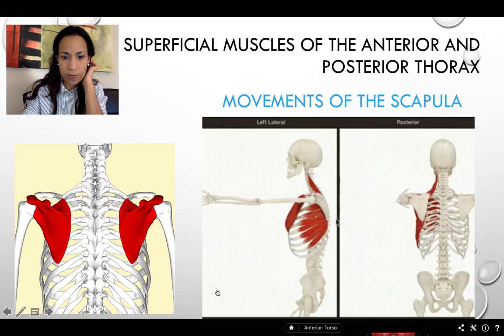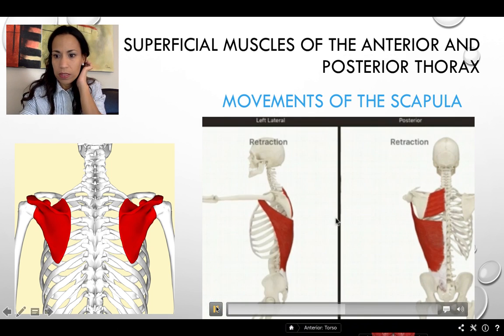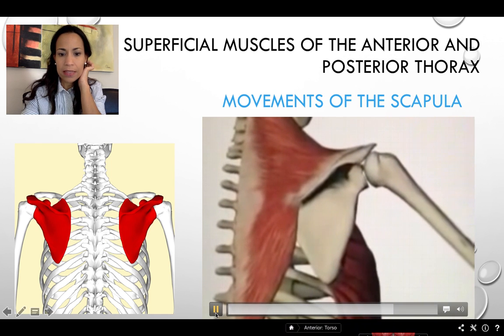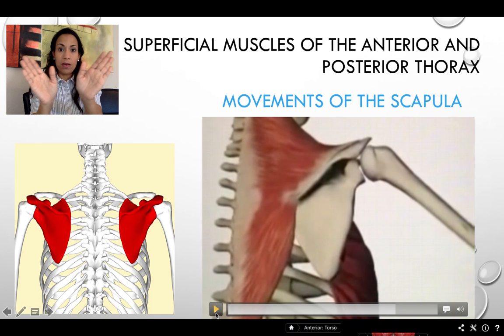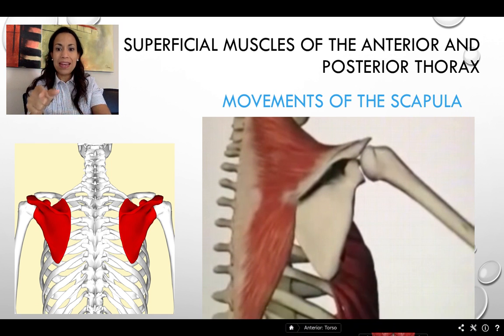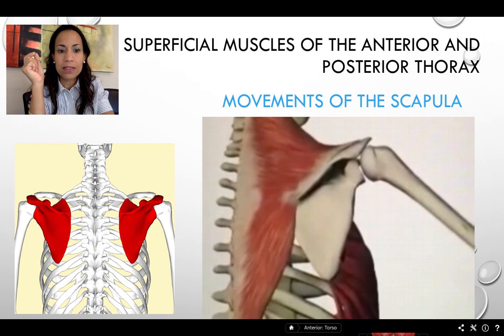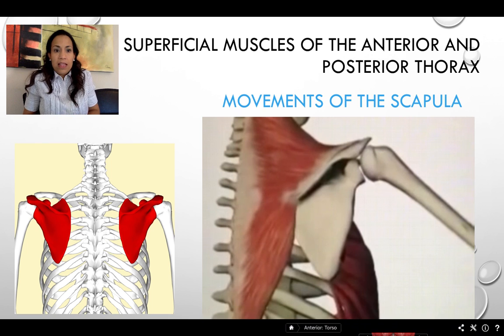Let's see retraction. See that both scapulas are moving closer together. So those are elevation, depression, protraction, and retraction.